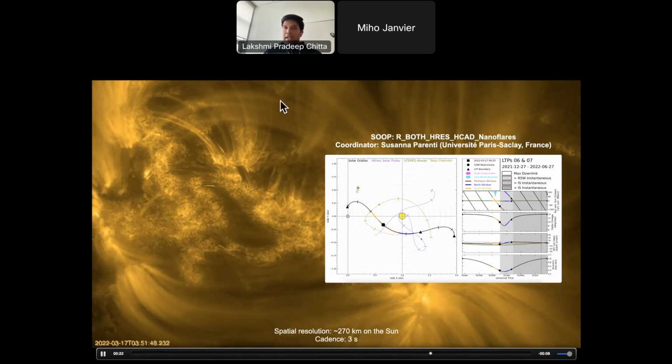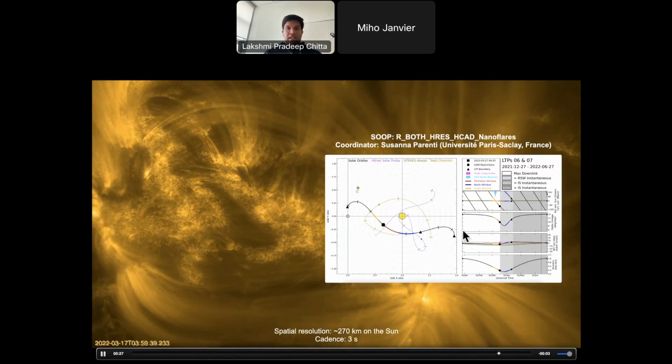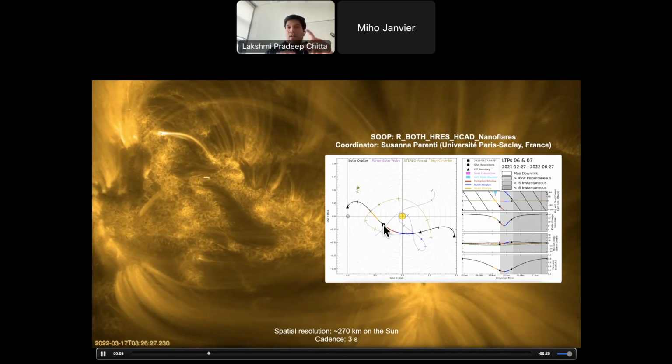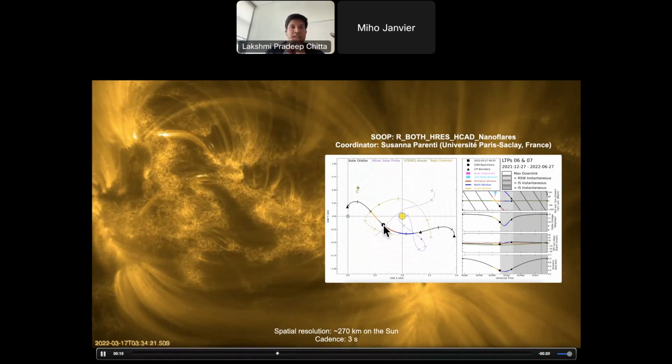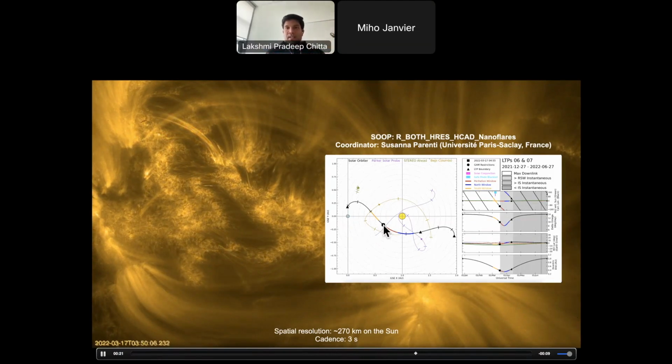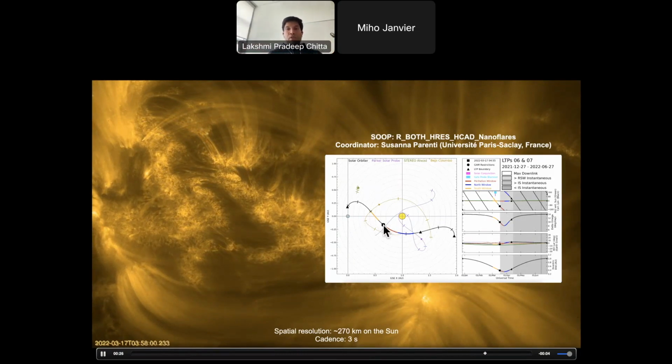The SOOP coordinator for this particular active region was Susanna Parenti from France. What they observed was this particular active region with 270 kilometers of spatial resolution. Why am I quoting this number? Because as the remote sensing instruments go closer to and farther away from the Sun, the spatial resolution of the instrument changes, meaning that at the closest point, they can observe more detail compared to their farthest point.